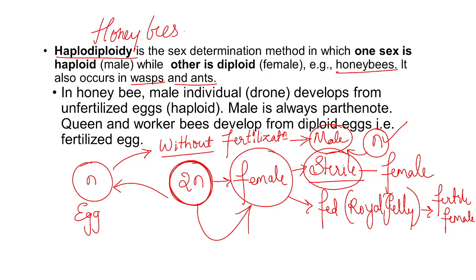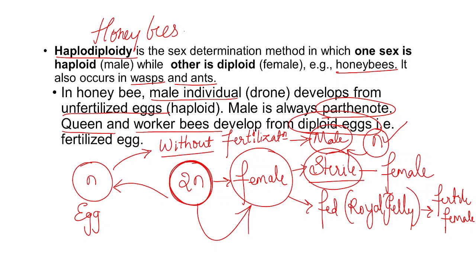In honeybee, the male individual, the drone, develops from unfertilized eggs, and male is always the parthenote. Queen and worker bees develop from diploid eggs, that is fertilized eggs. So, this type of sex determination is called haplodiploidy.